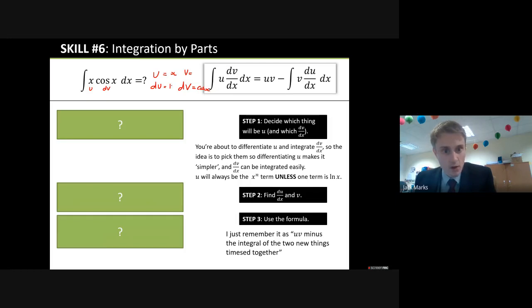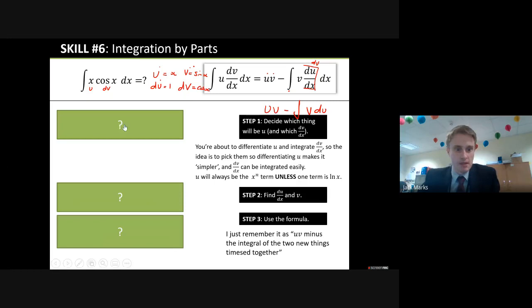So du is 1, x differentiated is 1, and this one you're going to have to integrate because its derivative should be cos x, so it must be sine x. And now these are your pieces. uv minus the integral of v du. I normally won't put this dx here. This dx is a notation thing. It means integrate with respect to x. So I will write this as uv minus the integral of v du. That's how I think of it.